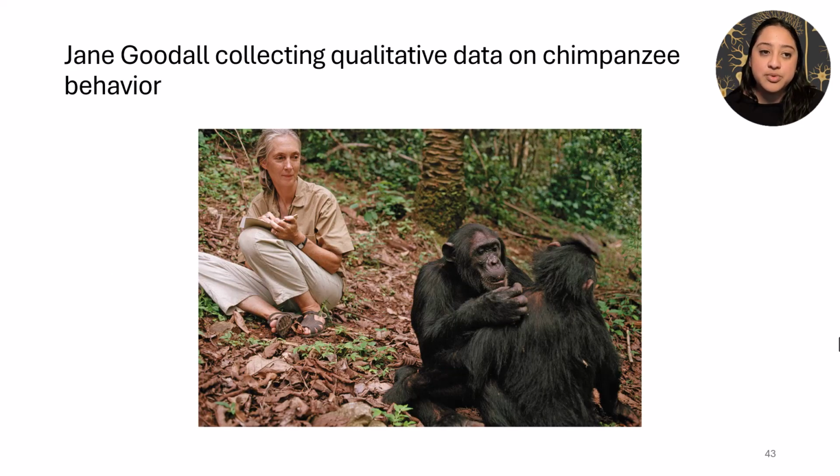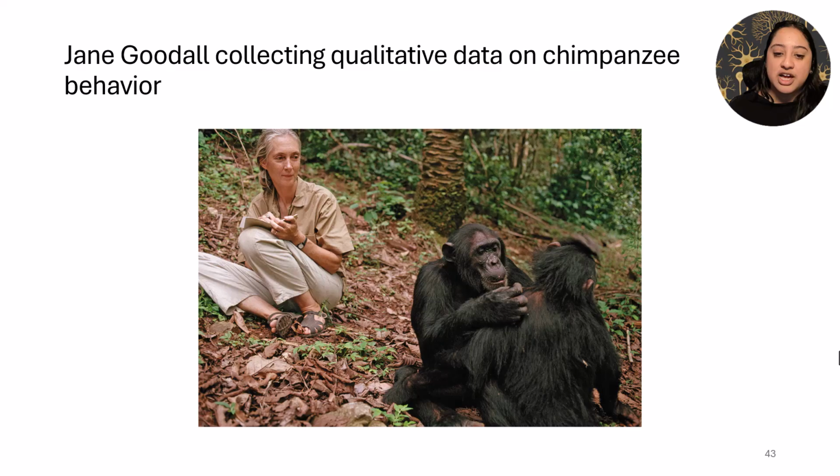For example, here's this scientist, Jane Goodall. Rest in peace. She recently passed away, but she studied the behavior of chimpanzees. She made observations about chimpanzee behaviors, and some of this was qualitative.